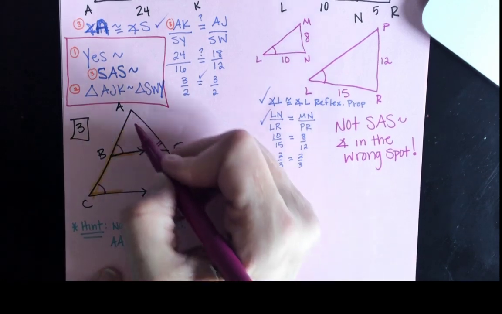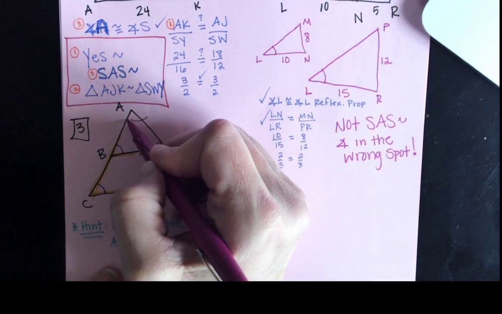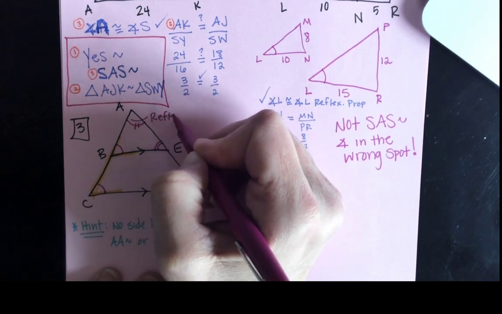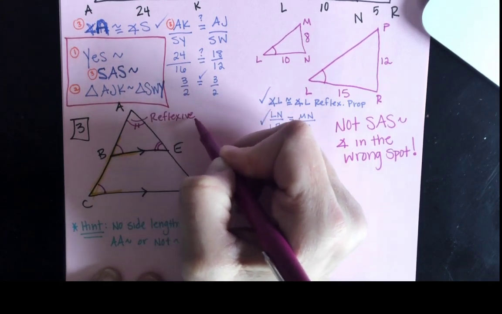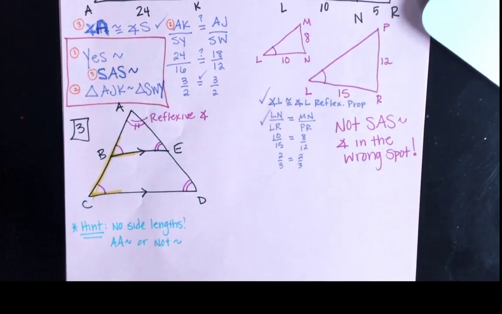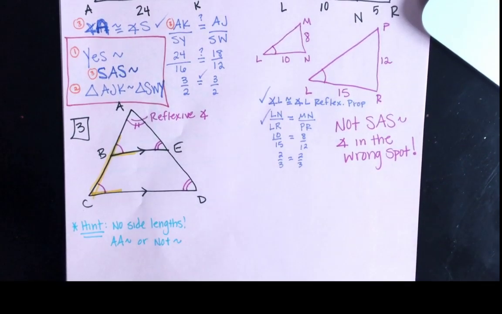And just like in the other picture, I do end up with this as my reflexive angle. So they all end up being congruent. I only need to list 2. So what we end up with is a choice.